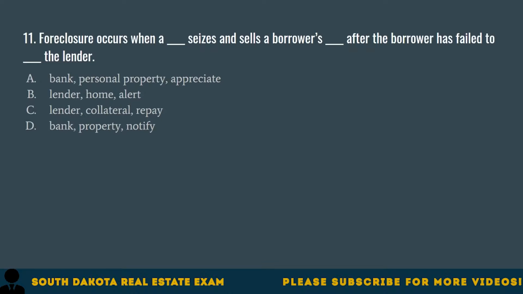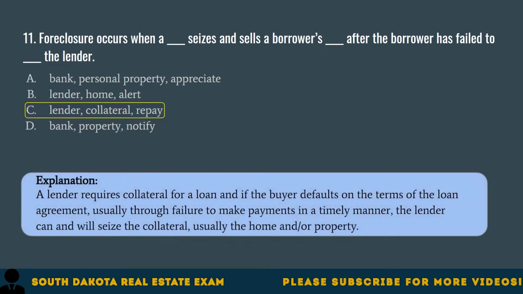D. Bank, property, notify. The correct answer is C. Lender, collateral, repay. A lender requires collateral for a loan, and if the buyer defaults on the terms of the loan agreement, usually through failure to make payments in a timely manner, the lender can and will seize the collateral, usually the home and/or property.